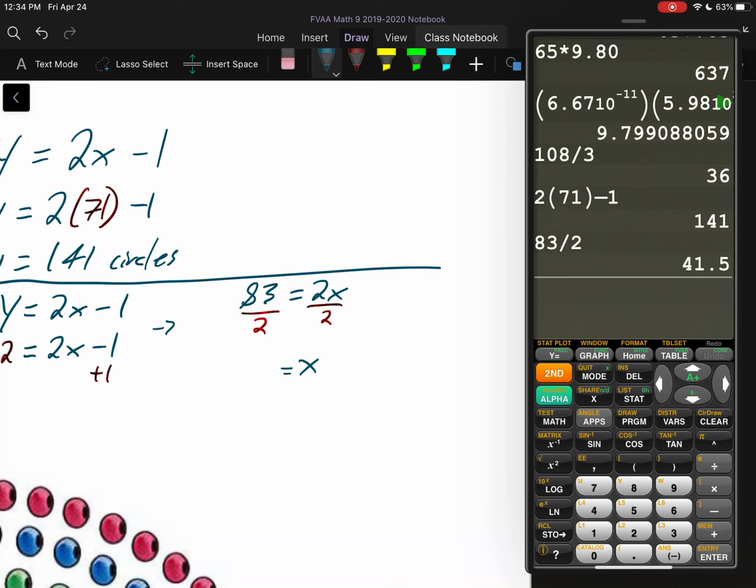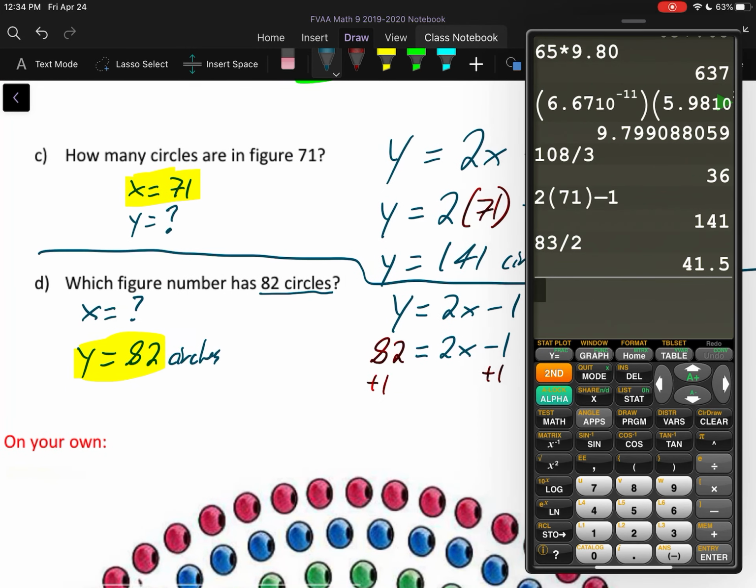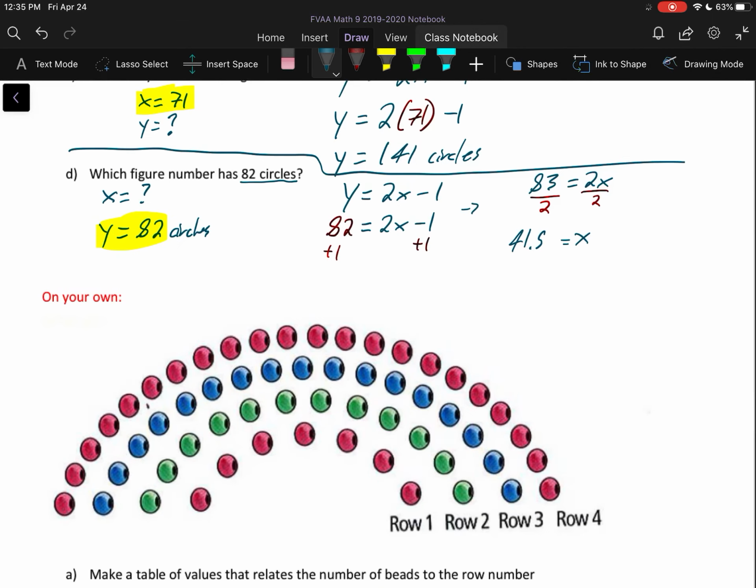Mathematics doesn't always follow real world situations. It would be the 41.5th figure that would have 82 circles, which doesn't make sense. But again, neither does -1 circle make sense, right? So there's a blend of mathematical and real life that we have to blend together in these situations.